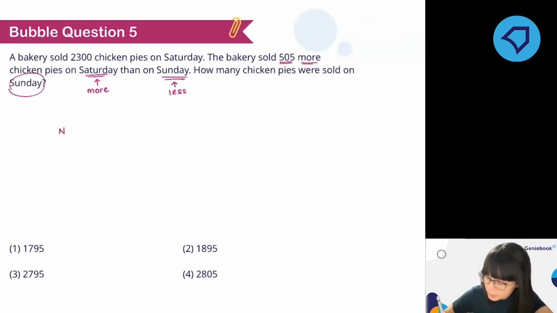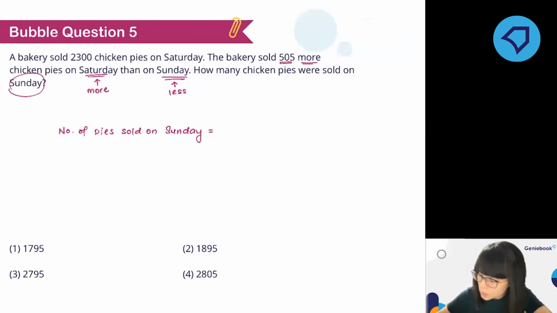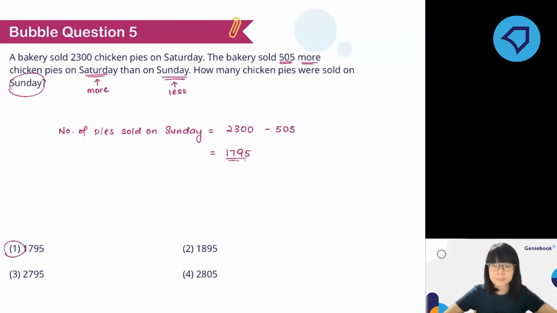So number of pies sold on Sunday would be 2,300 minus 505. Okay, and that will give you 1,795. Okay, so the answer should be option number 1. All right, option number 1.